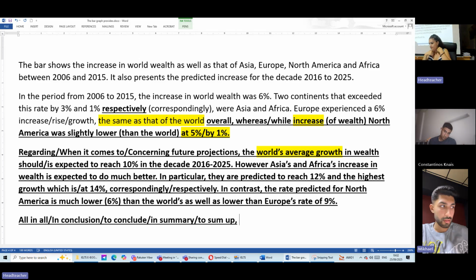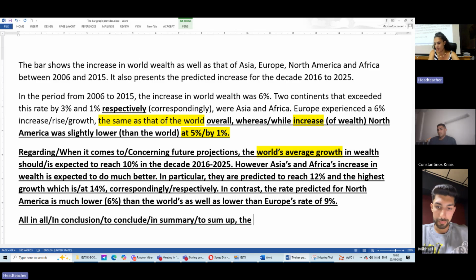The expected rate will be much higher than nowadays. Bravo. So it seems like the future is better than the present. It looks like the growth rate of global wealth is expected to increase. But the increase will be most significant in which continent? In Africa. Okay, so you got the main point.